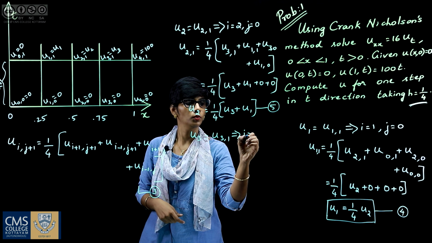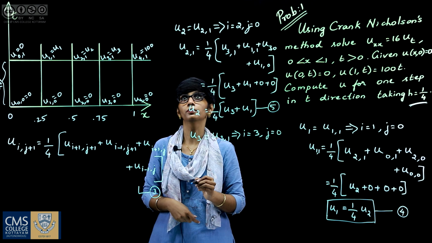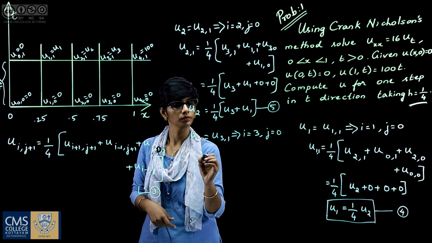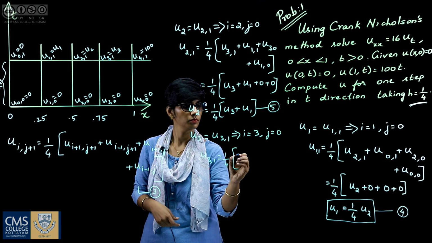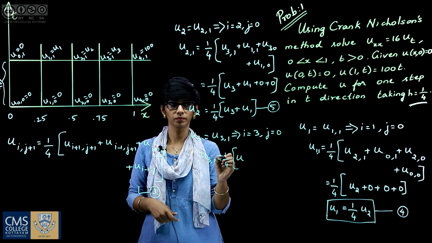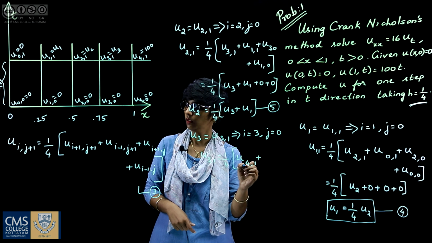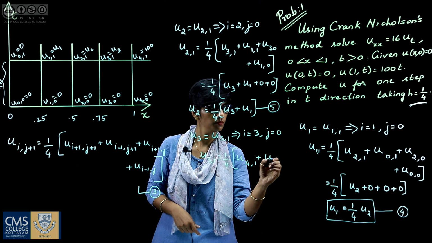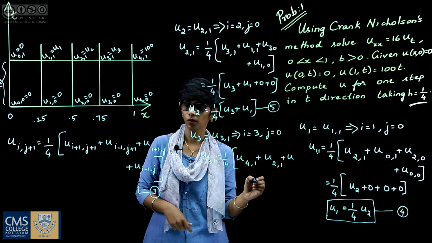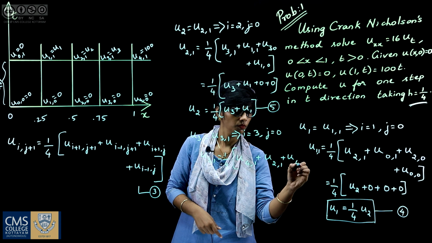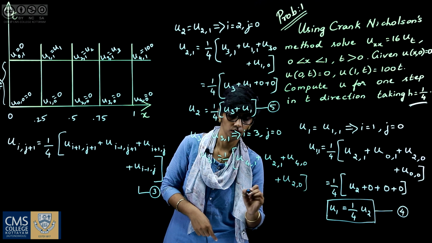For that we take i equal to 3 and j equal to 0. u of 3 comma 1 equal to 1 by 4, u of 4 comma 1 plus u of 2 comma 1 plus u of 4 comma 0 plus u of 2 comma 0.